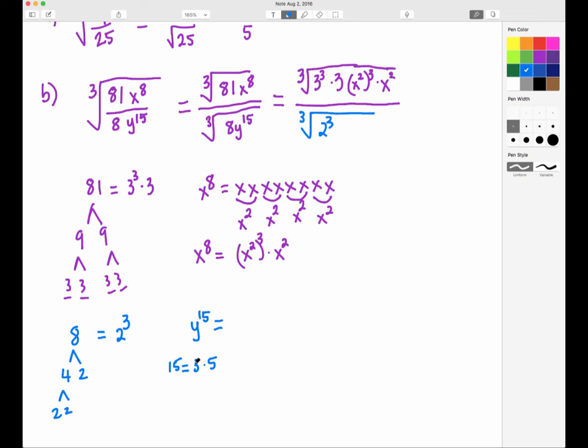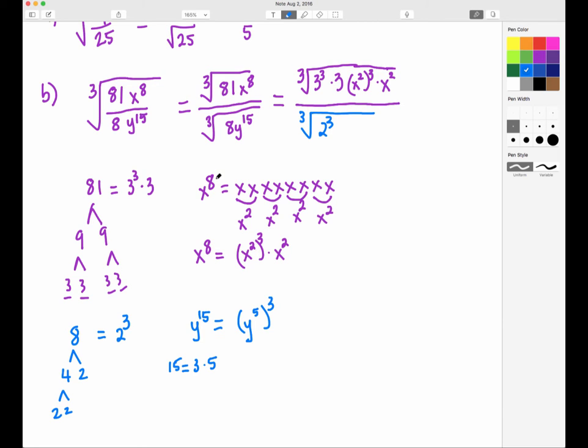for that cubic root. So this y to the 15th, because a power to a power means multiply, I have 3 times 5. I can rewrite y to the 15th as y to the 5th to the 3rd power, because 5 times 3 makes 15. And this has what I want. It has an exponent of 3. I could have done something similar to the 8 exponent up here.